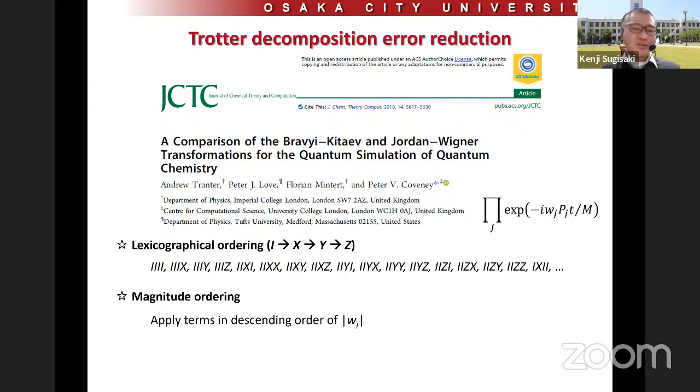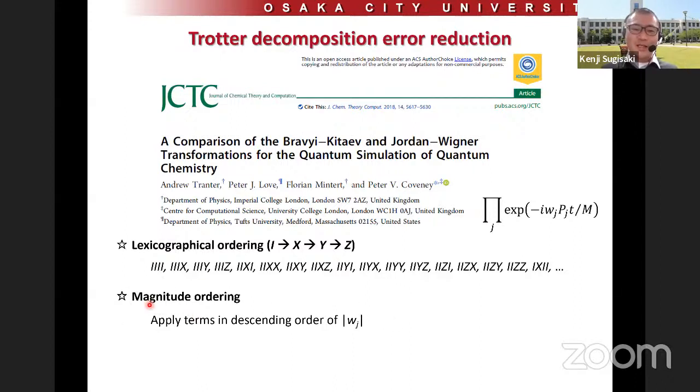Another ordering is magnitude ordering. In the magnitude ordering, the terms are applied in descending order of the coefficient. And they perform the time evolution simulation with randomly changing the ordering.